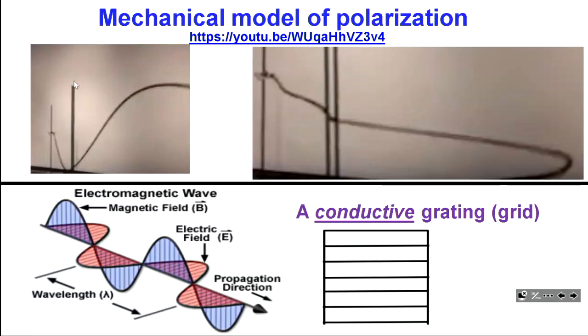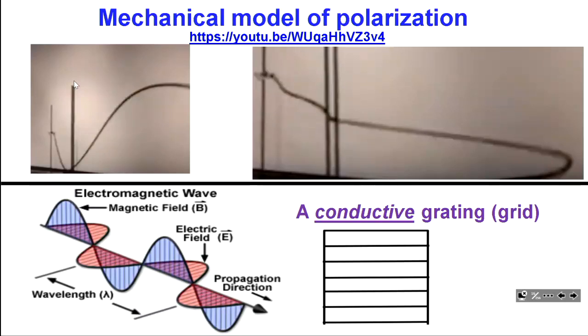And again, when an electromagnetic wave travels and encounters conductors, it starts acting on those electrons in conductors. And electrons start generating their own field. And what might happen?